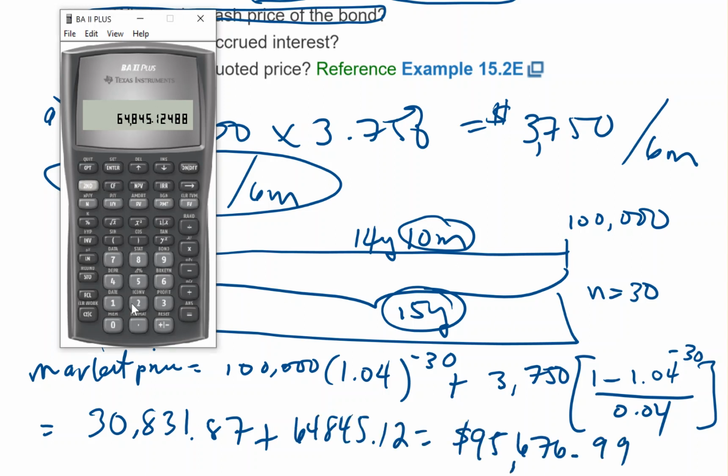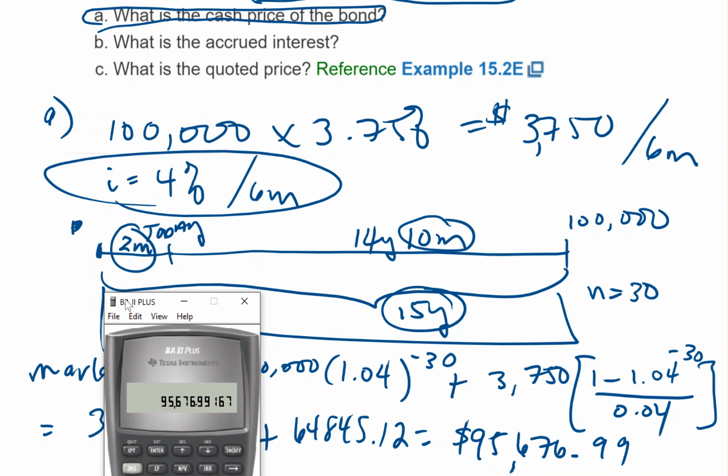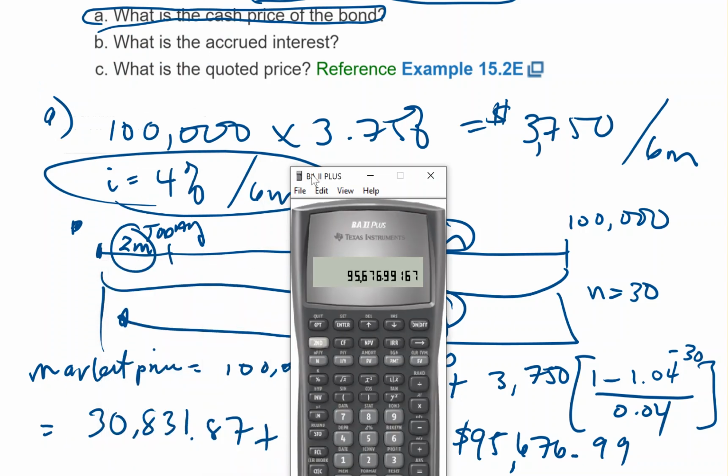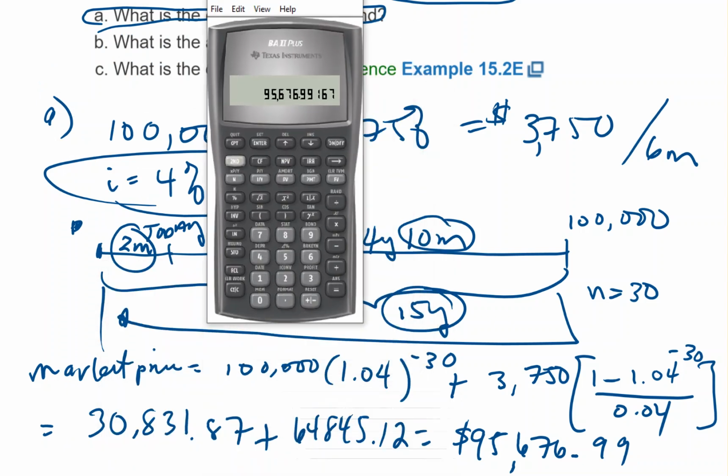Store that, then add those together: recall 1 plus recall 2, and you see it's 95,676.99, the purchase price 15 years backwards.